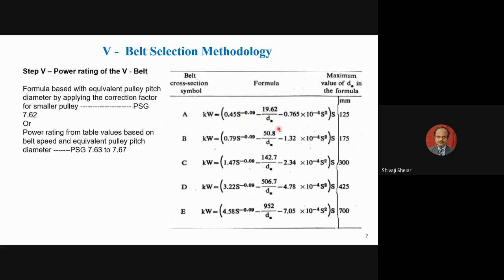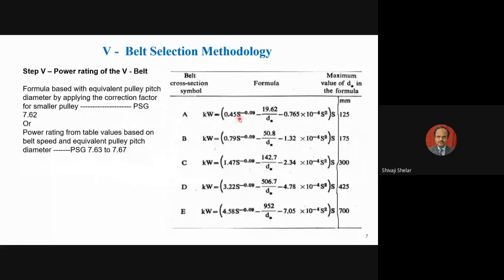That pulley diameter will be corrected by a correction factor, by multiplying by the correction factor. So you will get the equivalent diameter DE. DE is equal to the correction factor times the pitch diameter of the smaller pulley. By using this DE and the belt speed, which will come from the application, you get the belt speed in meter per second.